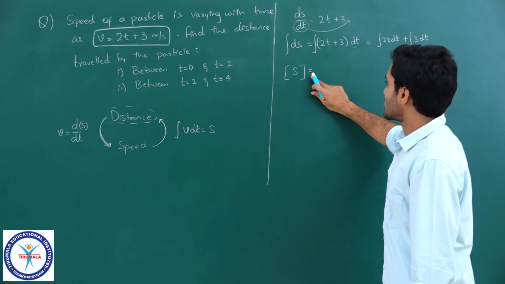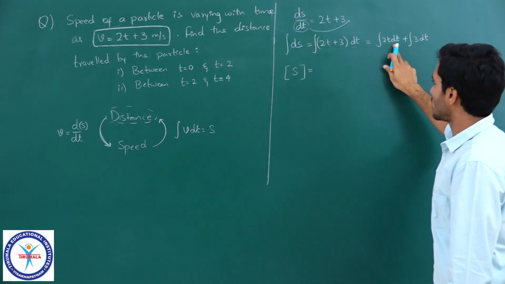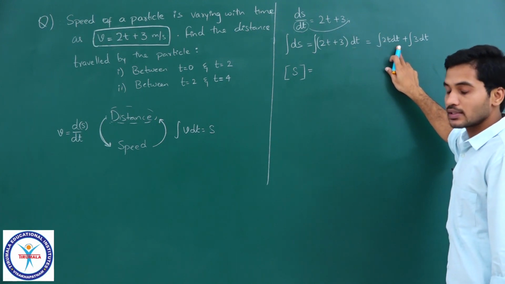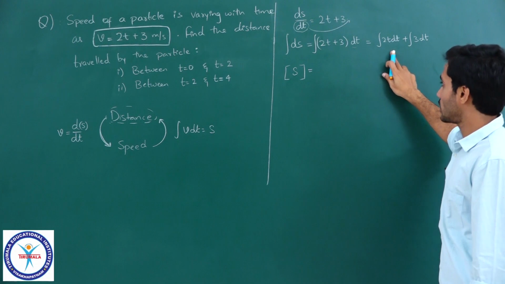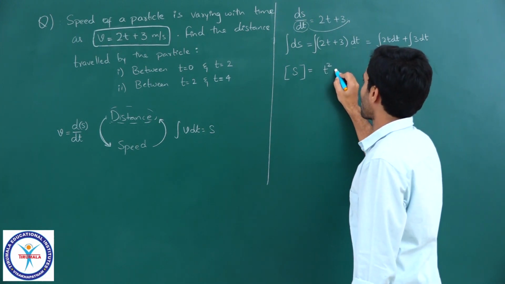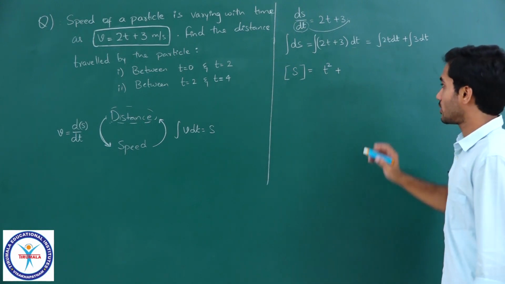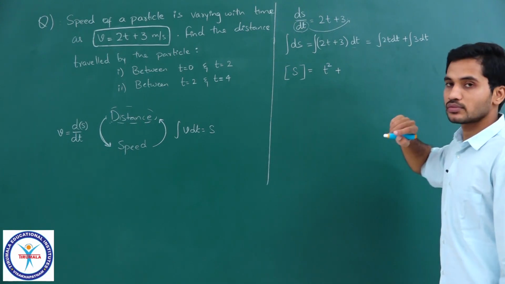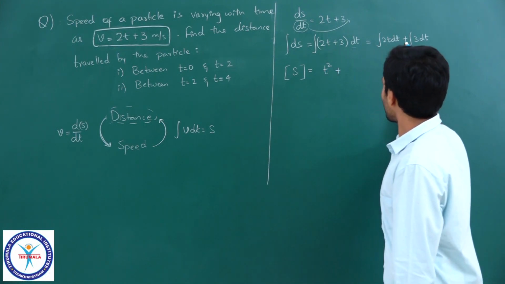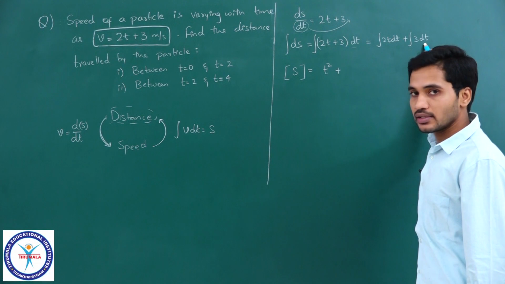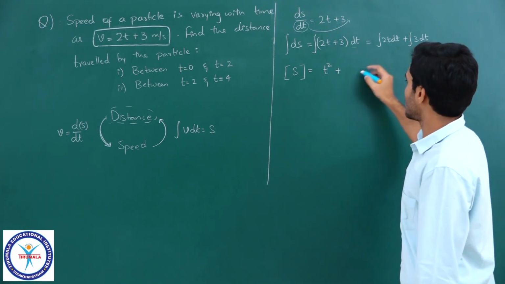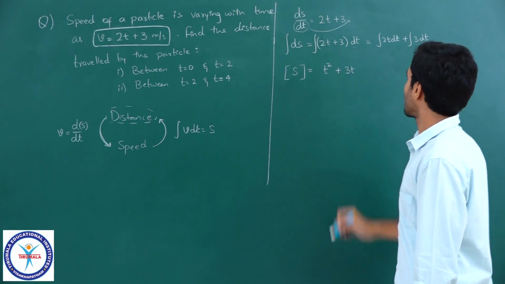What is the integral of 2t dt? 2 can be brought outside, and the integral of t dt is t squared by 2. The 2 and 2 get cancelled and I am left with t squared. Then the integral of 3 dt: 3 can be brought out, the integral of dt is t, so this becomes 3t.